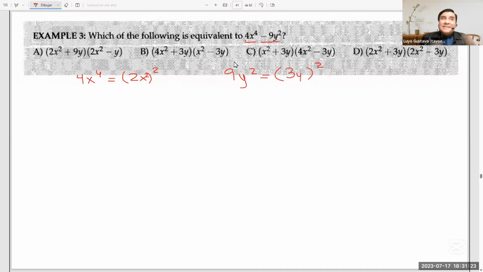So we might say that the difference given in the question is actually a difference of squares. What would be our A and what would be our B in this difference? Clearly, A is this part and B is this part. So that's the approach we are taking.